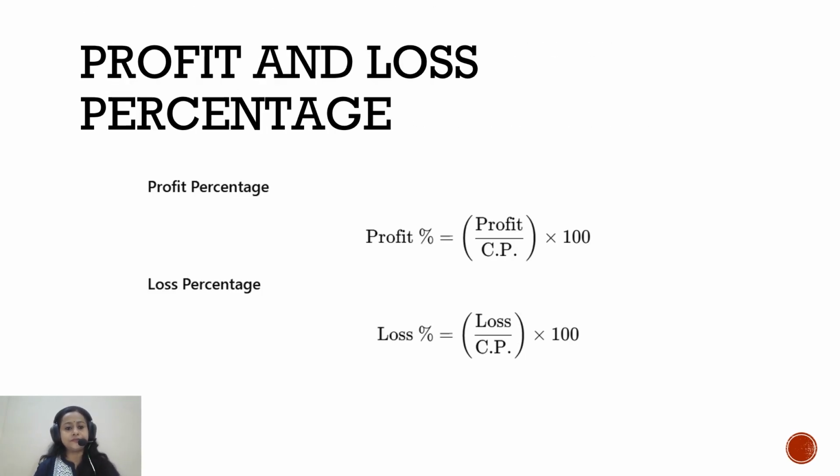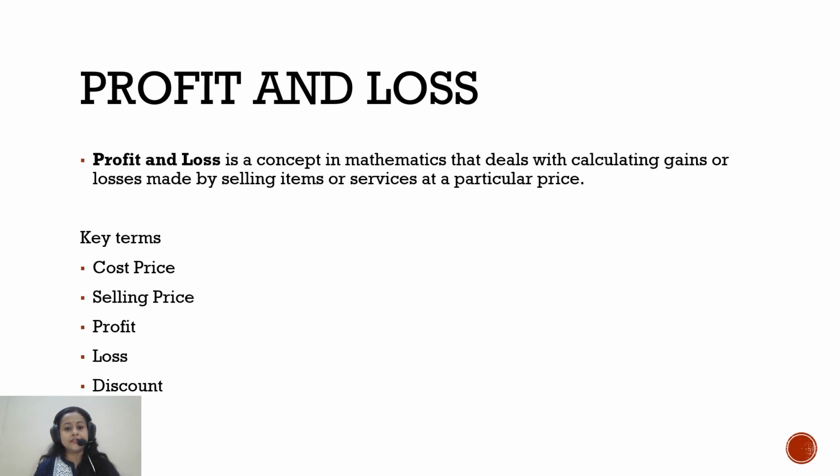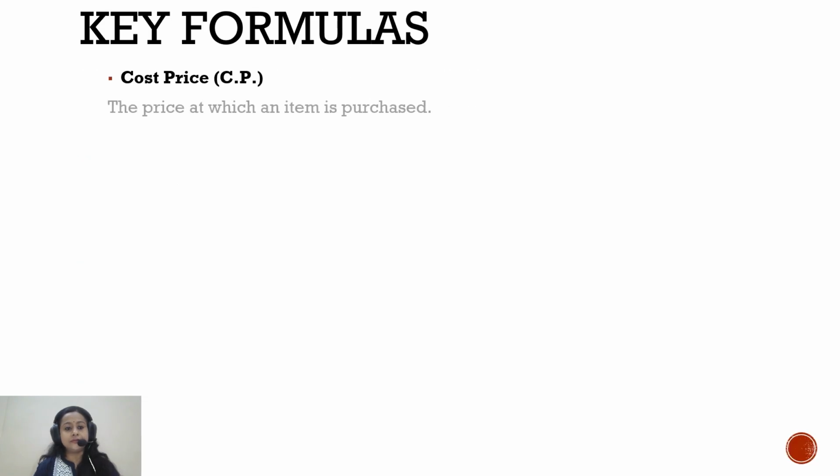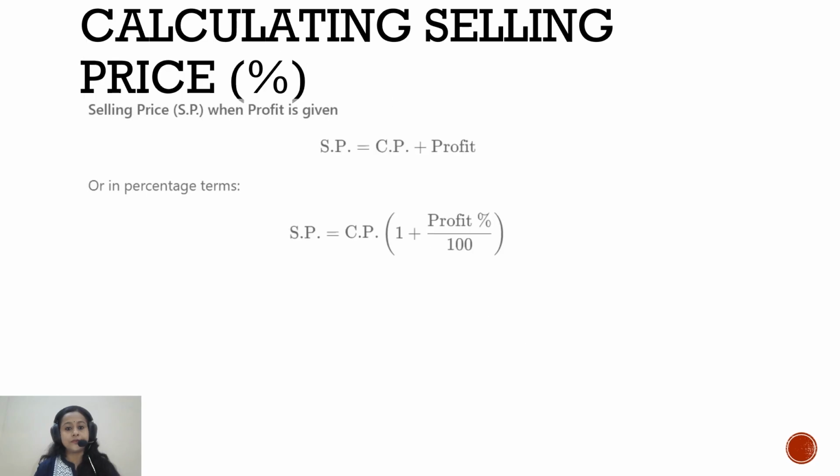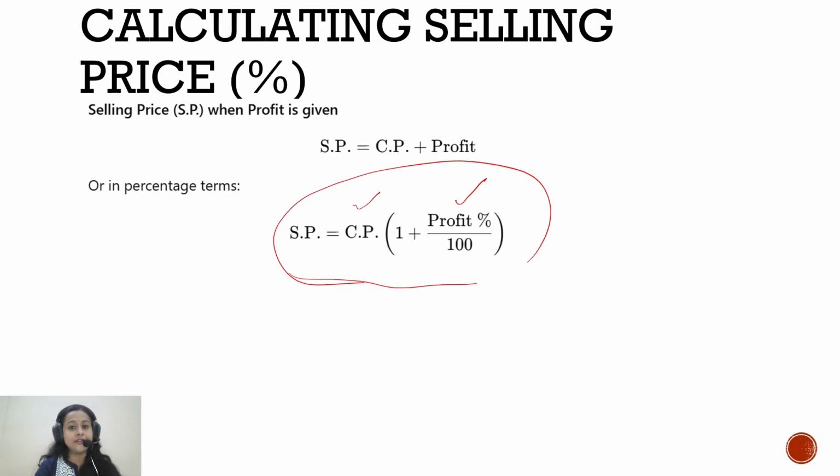We have already seen that when profit percentage is given and cost price is given, to find the selling price we apply this formula, where selling price is equal to cost price into 1 plus profit percentage by 100. So let us apply this formula, right?